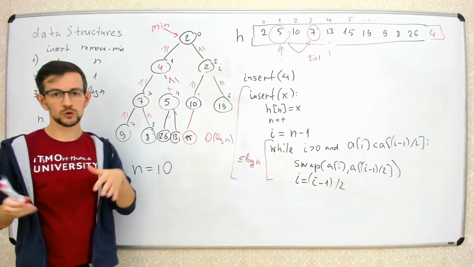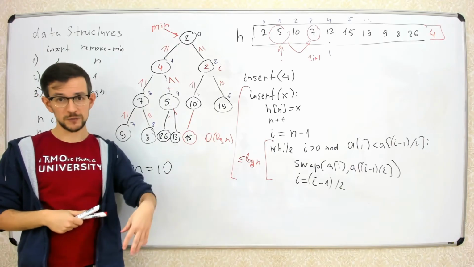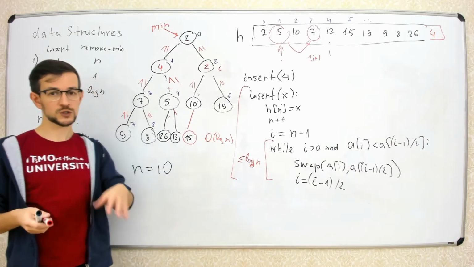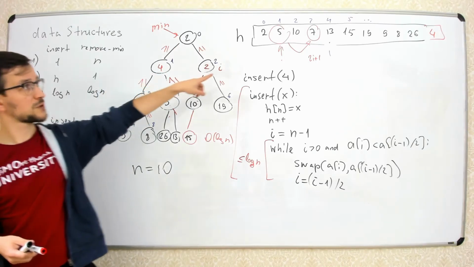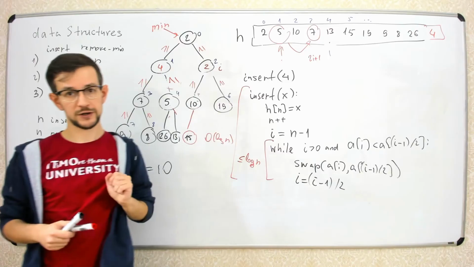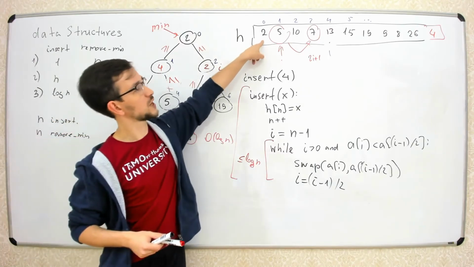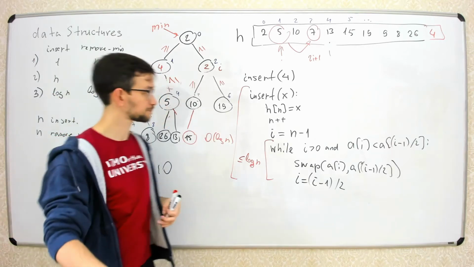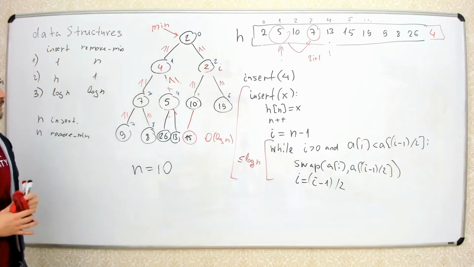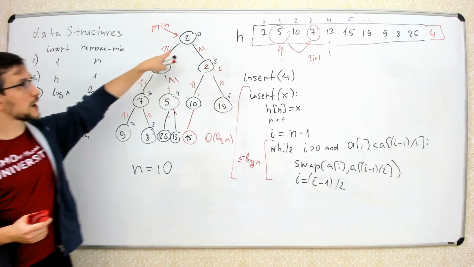We don't need to spend any additional time to find it. The root of the tree has position 0 in the array, so the first element of the array will always contain the minimal element of the binary heap. Good. So now we located the minimal element.